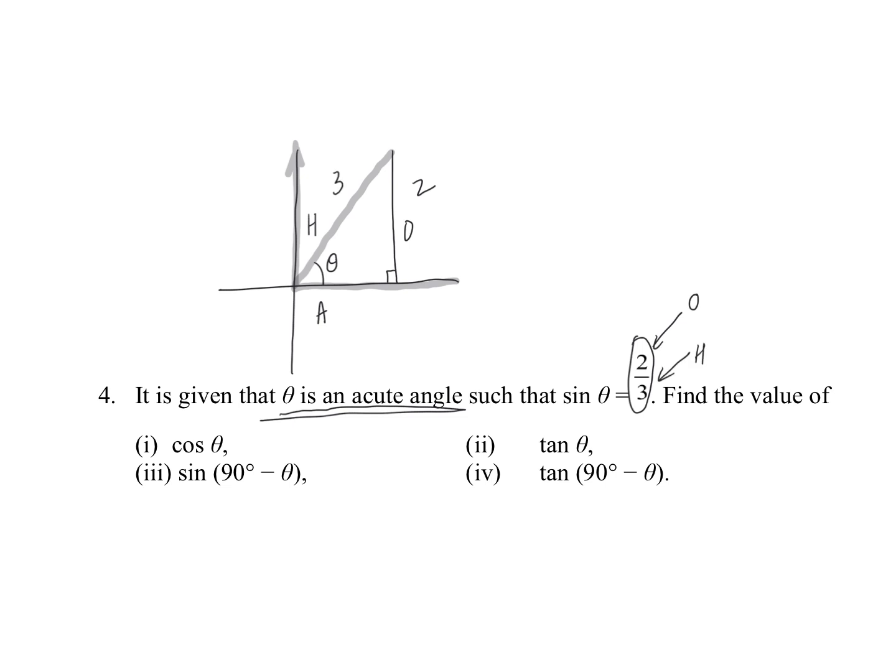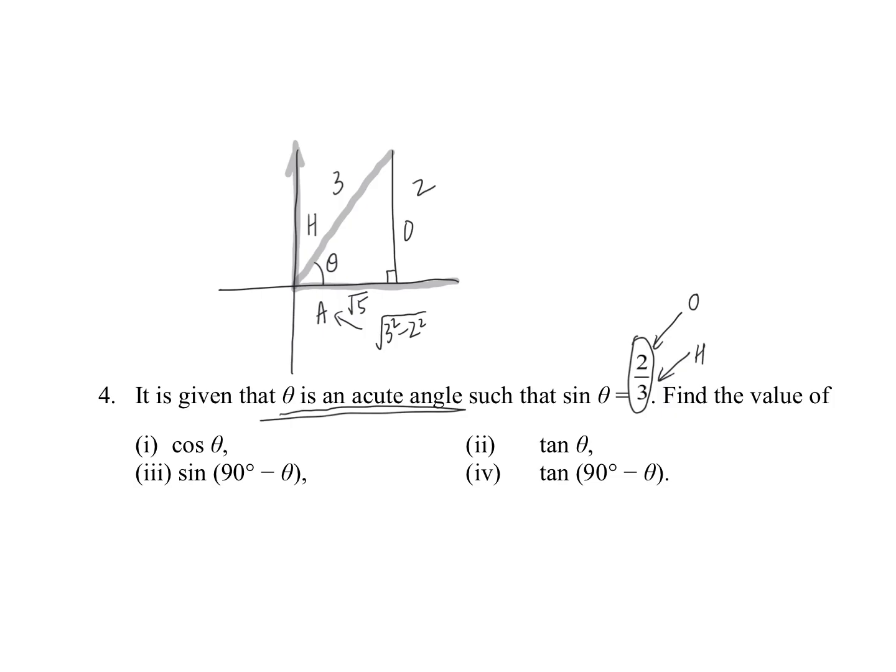In its simplest form, it could be a 4 and a 6, but in its simplest form is 2 and 3. So to find A, we use Pythagoras theorem. So square root of 3 square minus 2 square. So it's a square root 5. Okay, so that's the first step. Get your triangle out. Get all the 3 sides known to you.